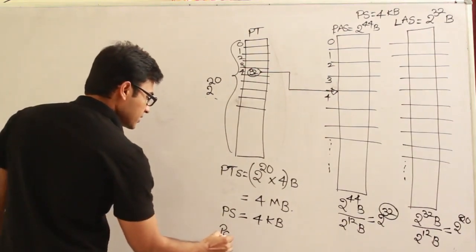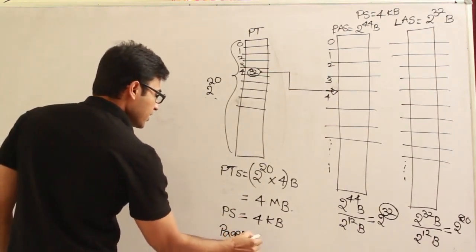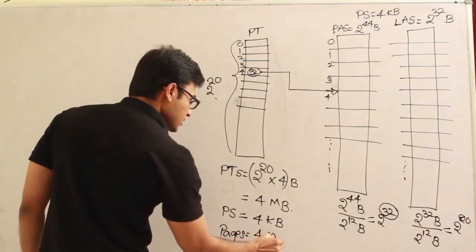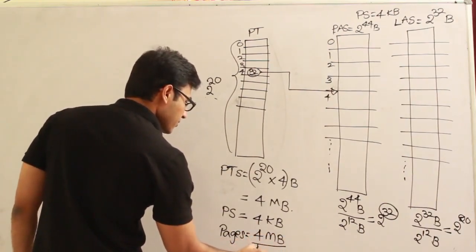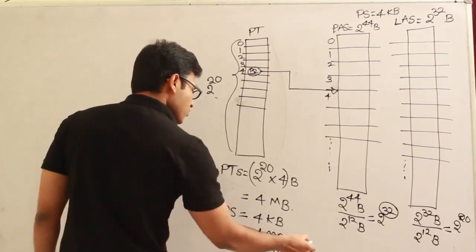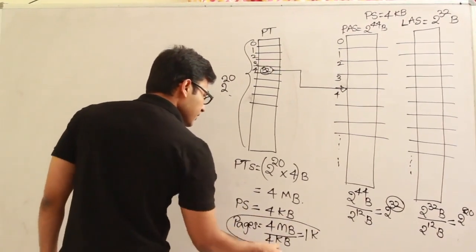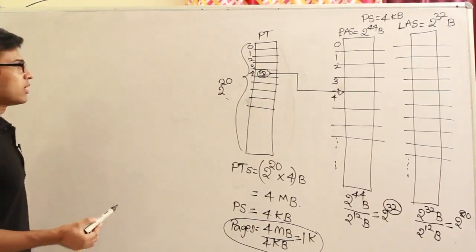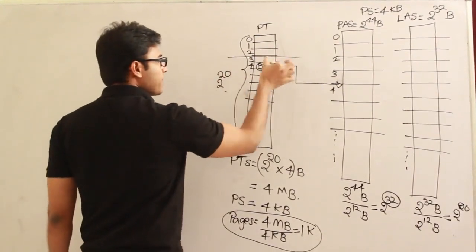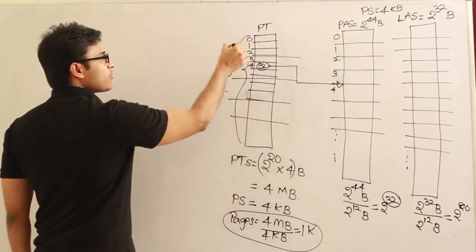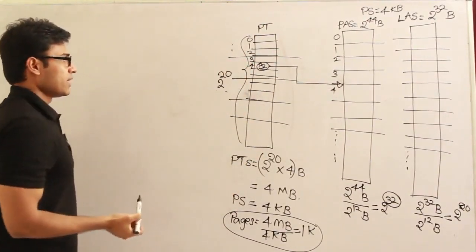The number of pages in this page table will be equal to page table size divided by page size, which is 4 MB divided by 4 KB, which is 1K. So 1K pages will be present in this one. Are you understanding this? So now I am going to divide it into many pages in such a way that the total number of pages present in this will be 1K.